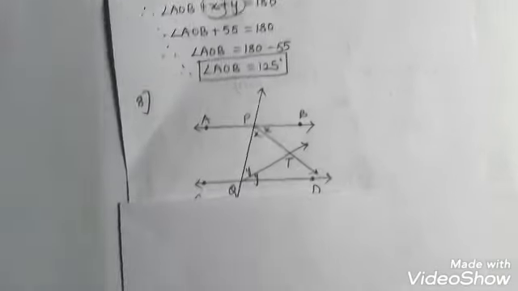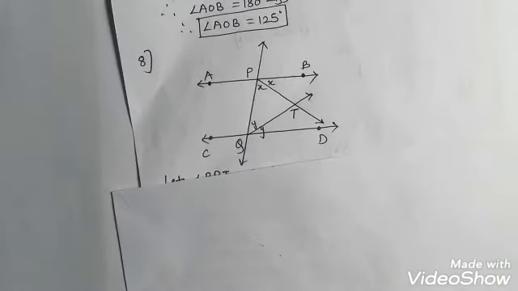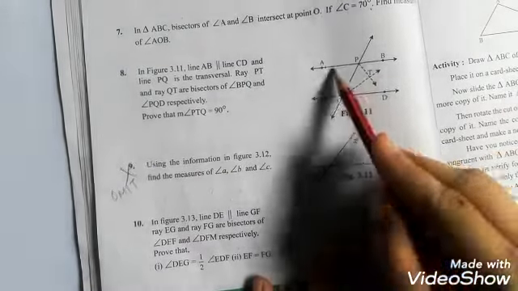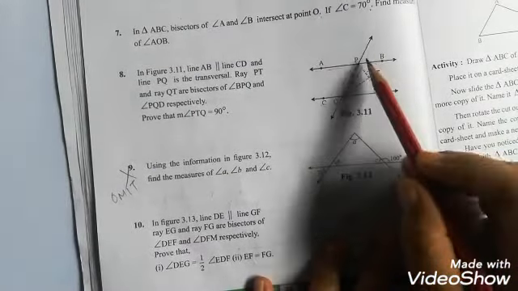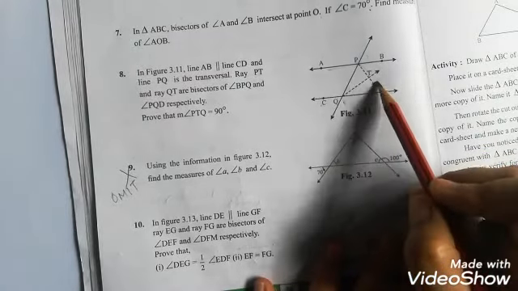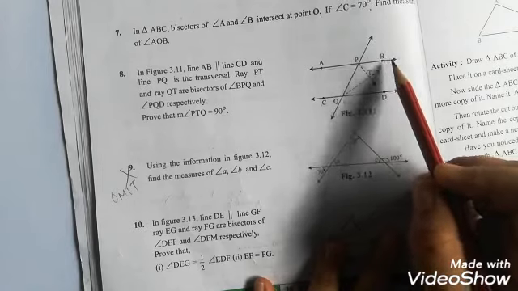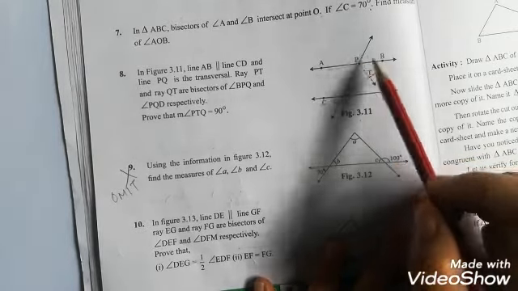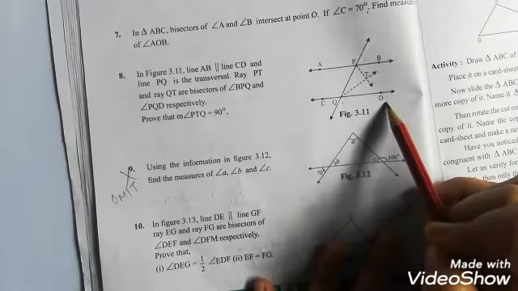Now let us see the 8th sum. In the eighth sum, line AB is parallel to CD and PQ is a transversal. Ray PT and ray QT are the bisectors of angle BPQ and angle PQD respectively.